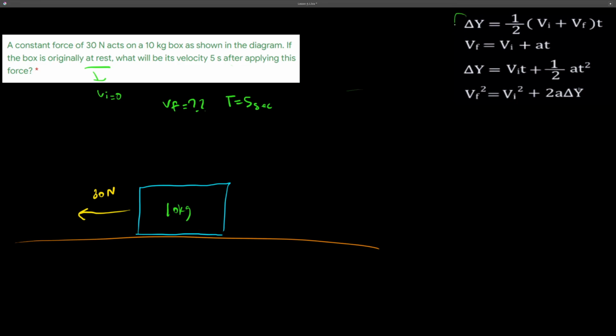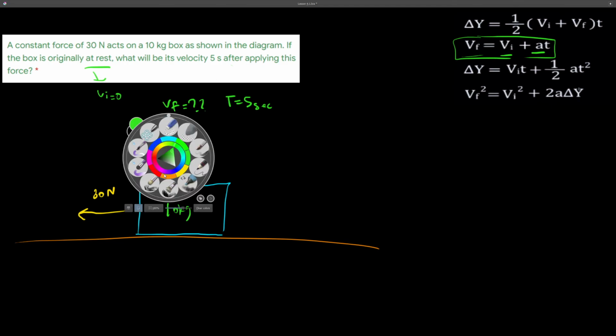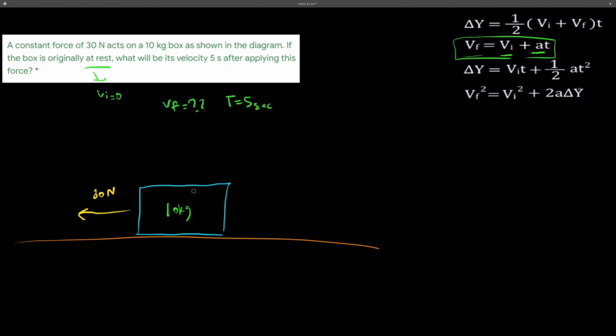We have one of 4 formulas we can use, and we want to relate the acceleration, a, with V initial, V final, and time. So this is the formula we will use. We need the acceleration, which isn't given here, so we can calculate it using the F net.